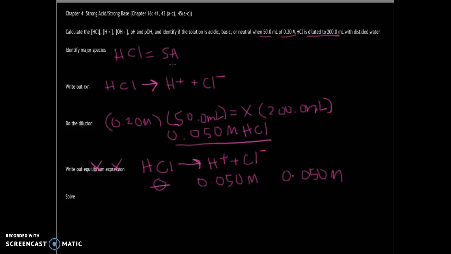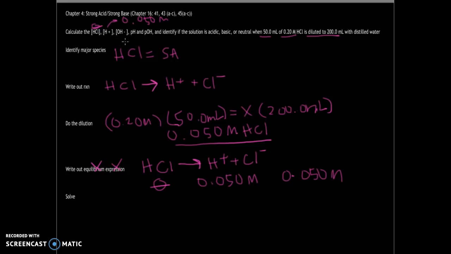So look, we've got the H plus ion. So the HCl concentration should be 0. You shouldn't have any of it. The H plus ion is 0.050 molar. So I'll write above here, 0.050 molar.